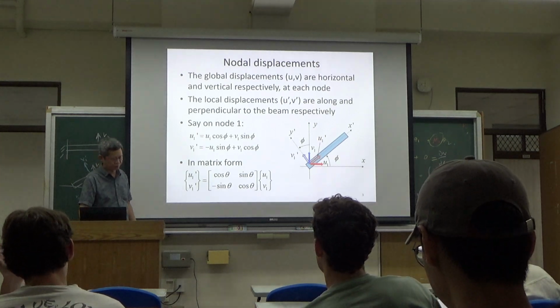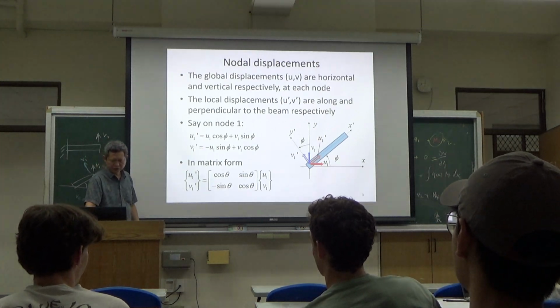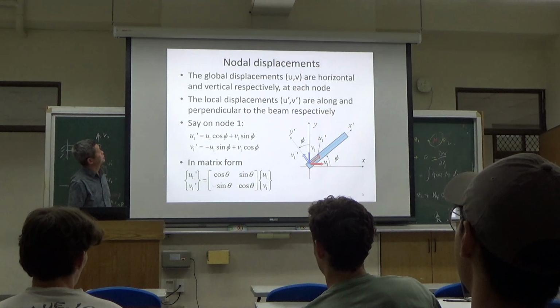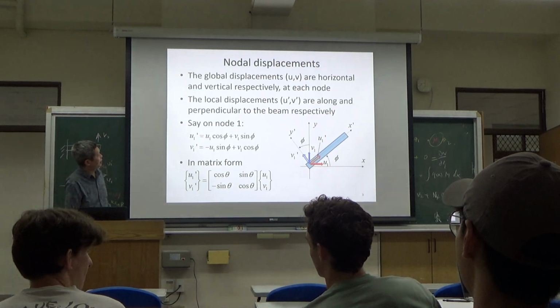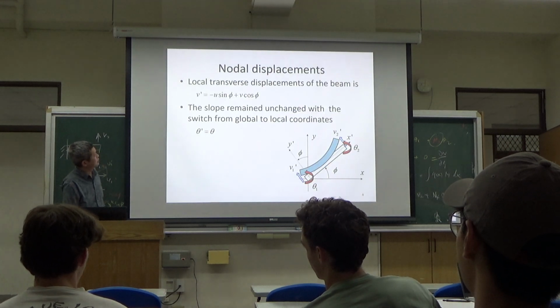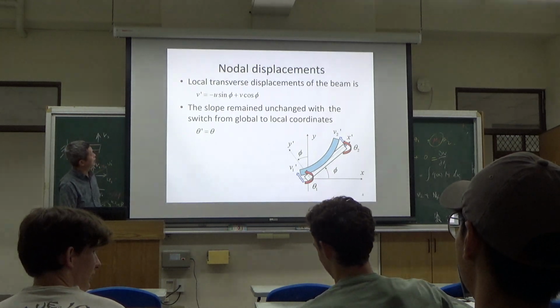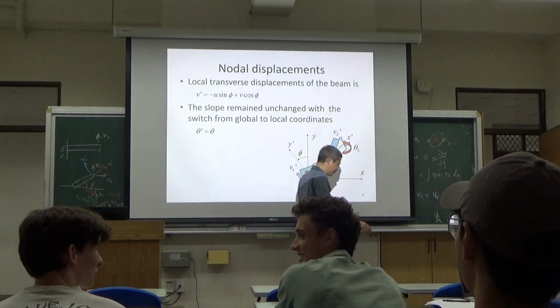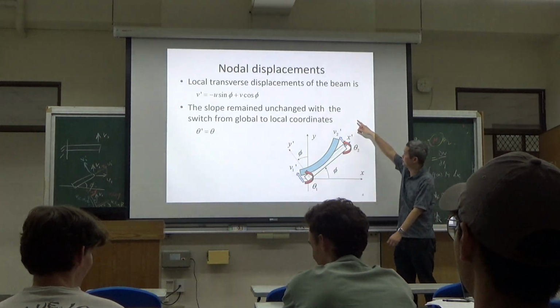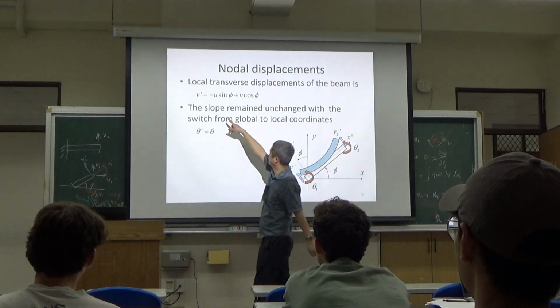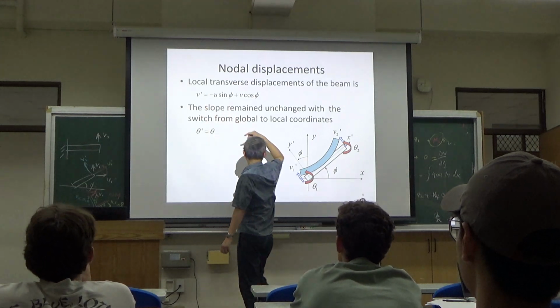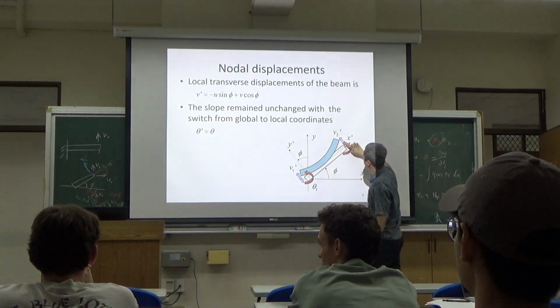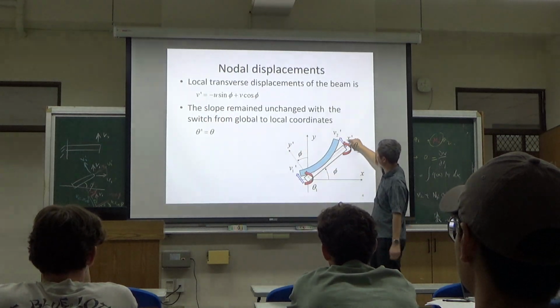Then next, okay, what are we going to do next? Because in the case of a beam element, you care only about the transverse displacement. The transverse displacement is V prime, the one vertical to the beam axis.